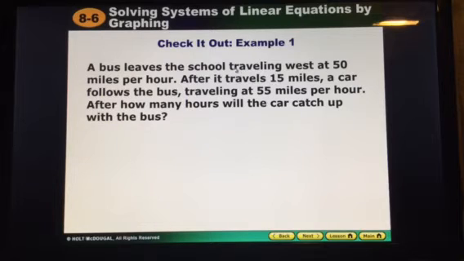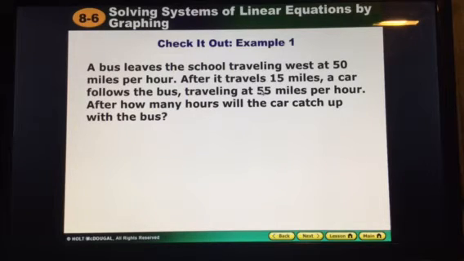So what we want to do is look, there's two equations here, and it says how many hours. We're trying to find out how many hours it's going to take for the car to catch up to the bus. But there's another unknown here, because not only do we need to know how many hours, but we also need to know how many miles they're traveling, because we have miles per hour.